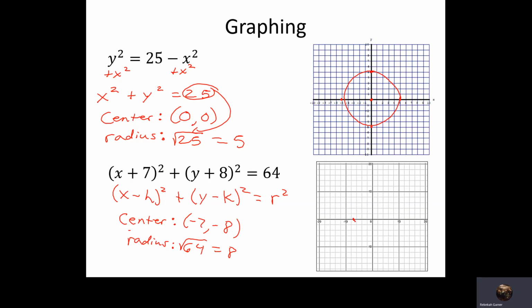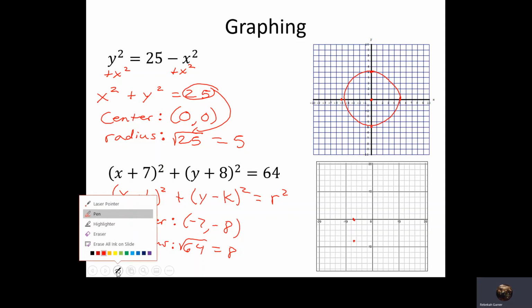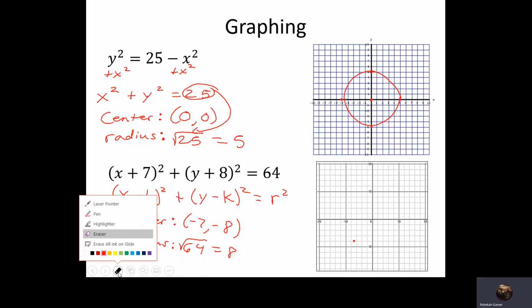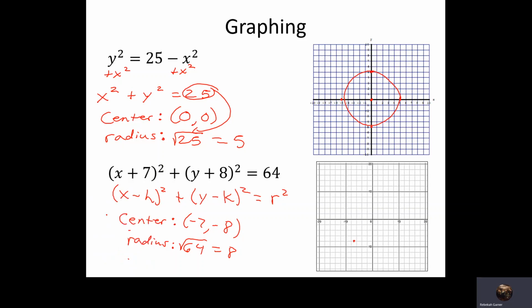And then 8 would be 2, 4, 6, 8. Oh, I should not have put a point there. Good thing I've got this eraser. Okay, so we've got our center right there at negative 7, negative 8.